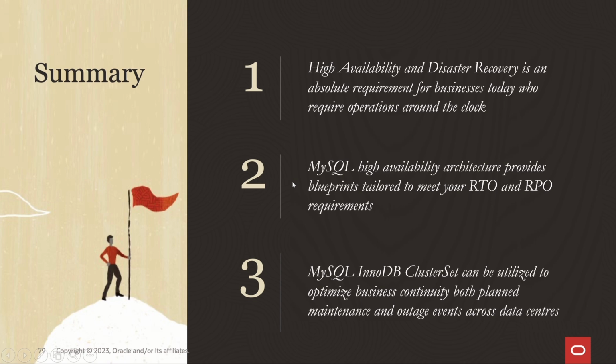Optimize means that it will streamline the operations for business continuity. If one site is down, one site failure, or the company wants to run a drill or run business operations on the disaster recovery side, a switch, something like that, we have very handy admin API commands to do that. Both planned maintenance and outage, even across data centers. Thank you.